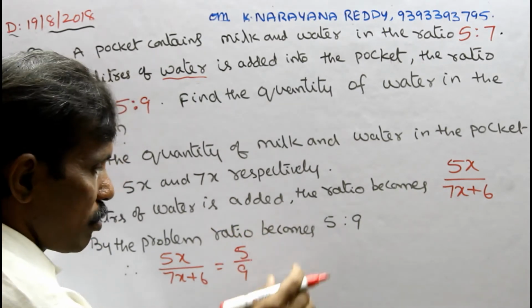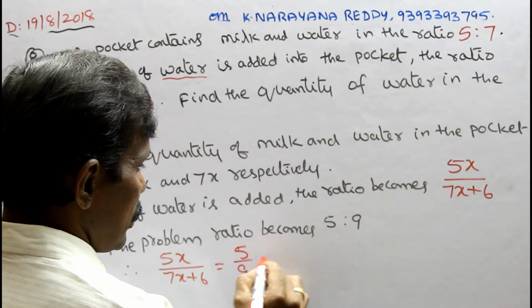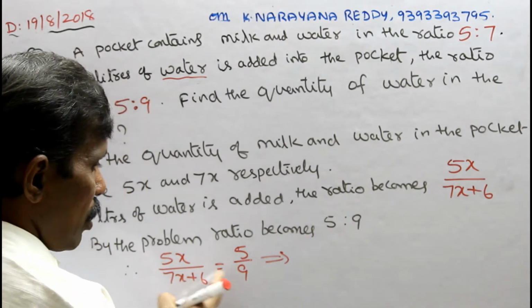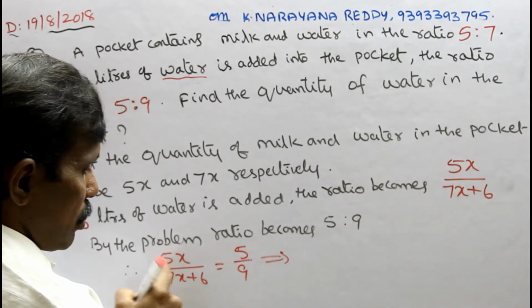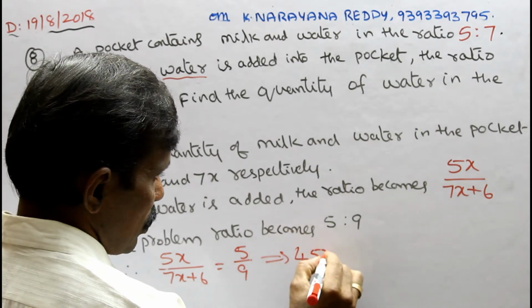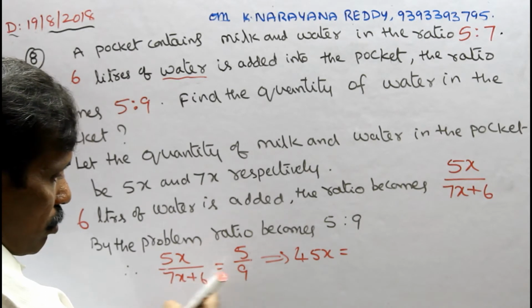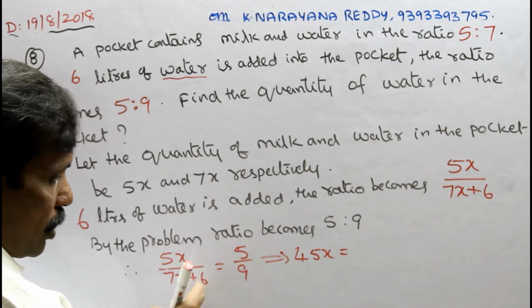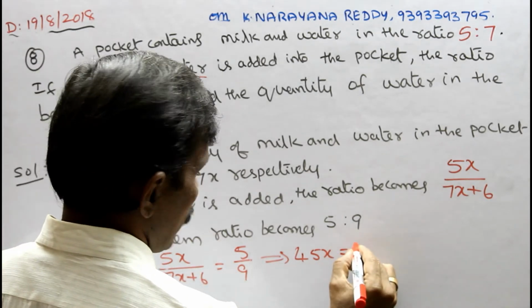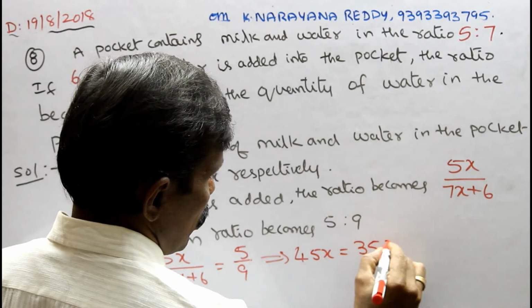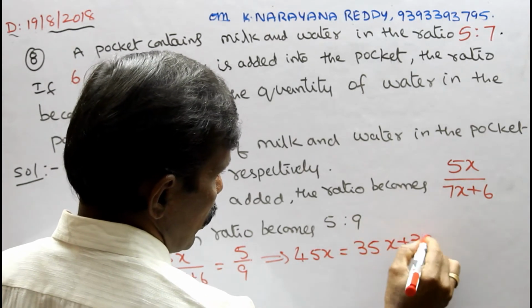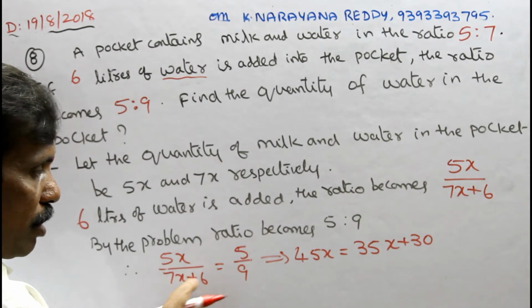Over. Problem is over. Simple. This implies, by cross multiplication, 45x equals 5 into this one, 35x plus 30. Yes or not? 5 7 is 35, 5 6 is 30.